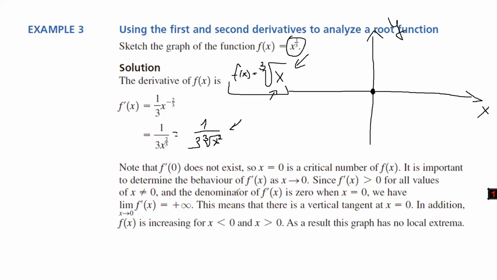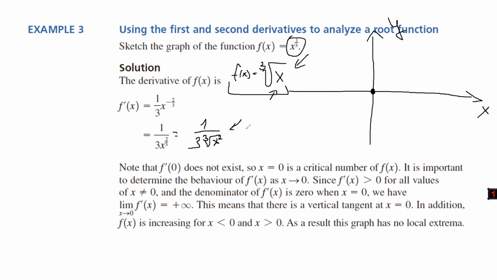What would be the next step for you guys? You have your critical number, you plotted that down. But why did you plot it down if x cannot equal 0?